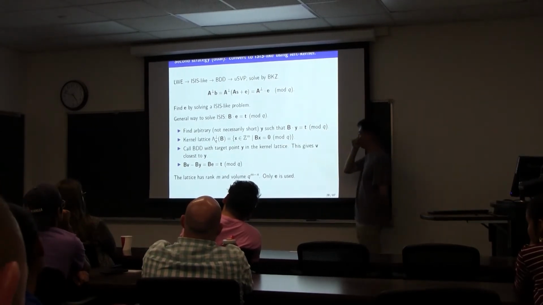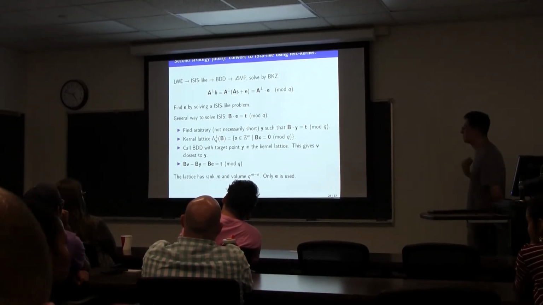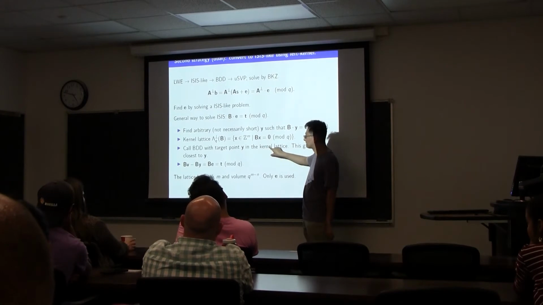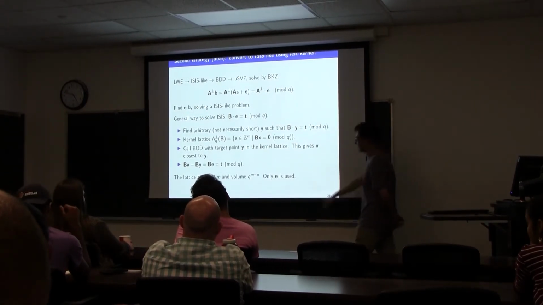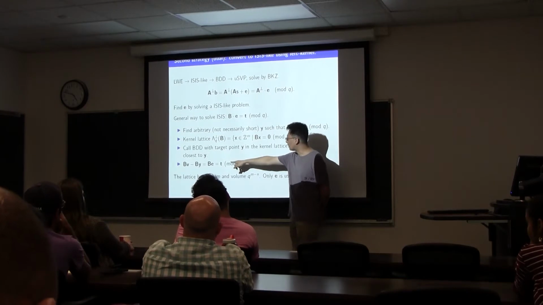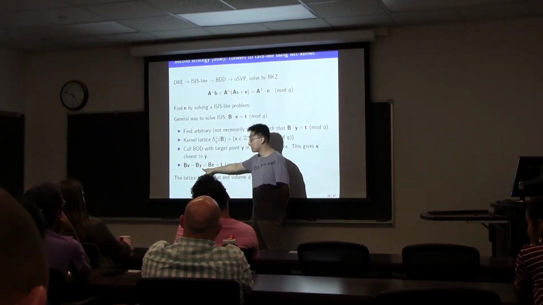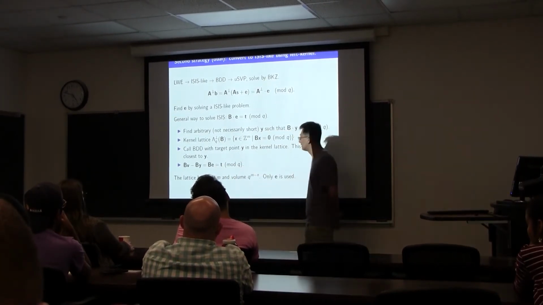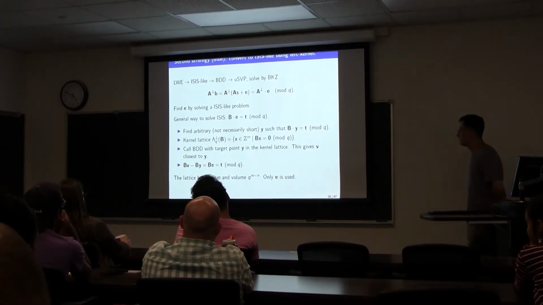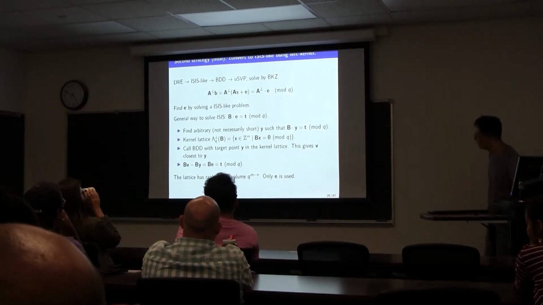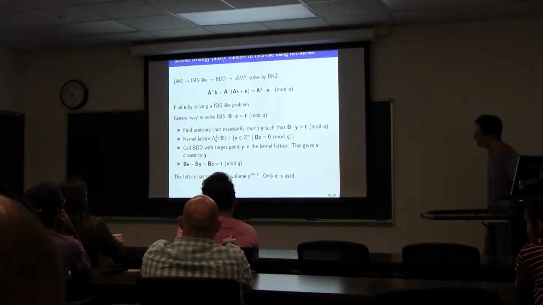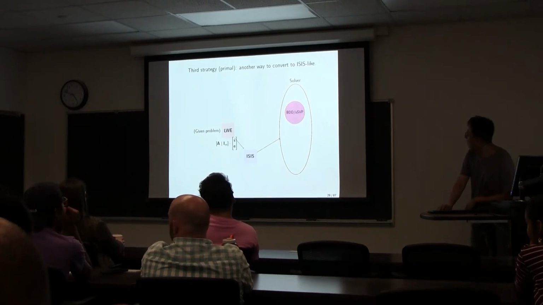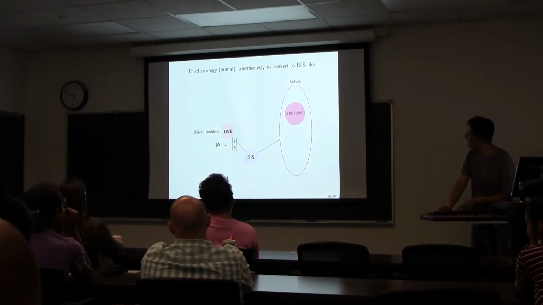This gives me a vector v in the lattice that is closest to Y. Then I compute Bv minus BY, because I know that v minus Y is short. I hope that's E, which equals T mod Q. So we can solve for E. We can also do some computation to come up with the volume. That's the second strategy.